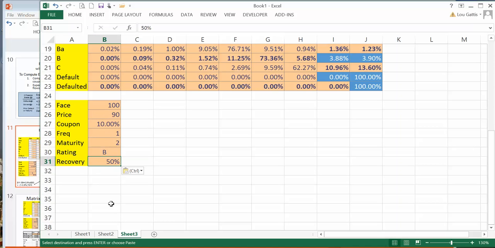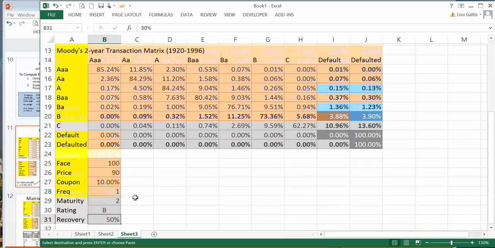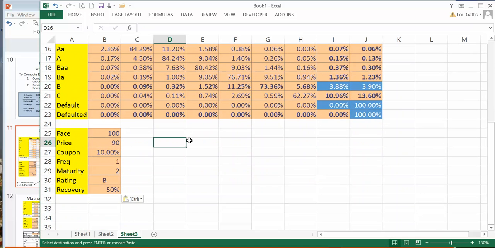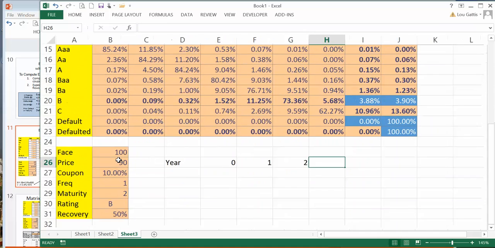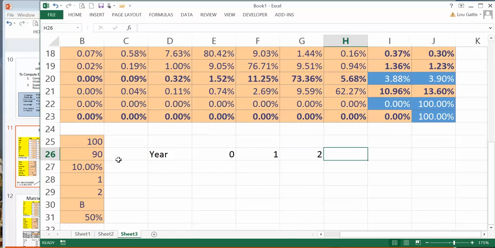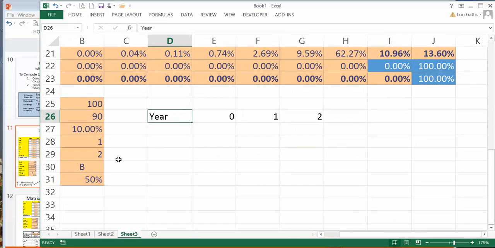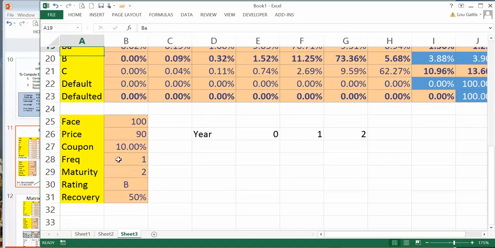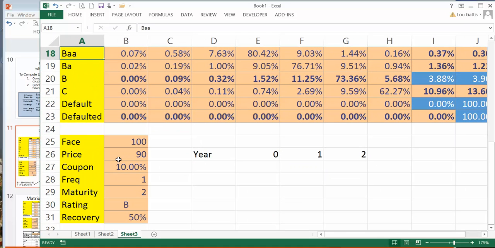I'm going to calculate the cash flows of the bond by year. So I'll say year 0, 1, 2. And now I'm going to calculate the promised cash flows and the yield to maturity, and then the expected cash flows and the default adjusted return.